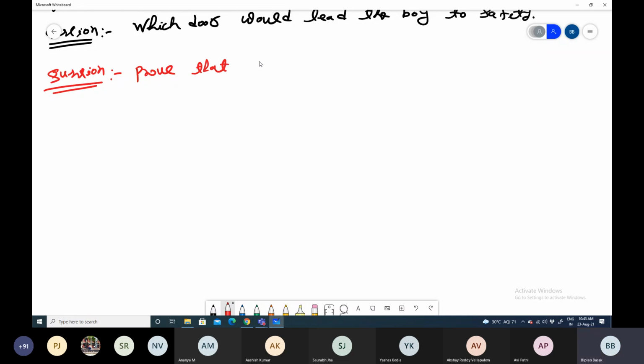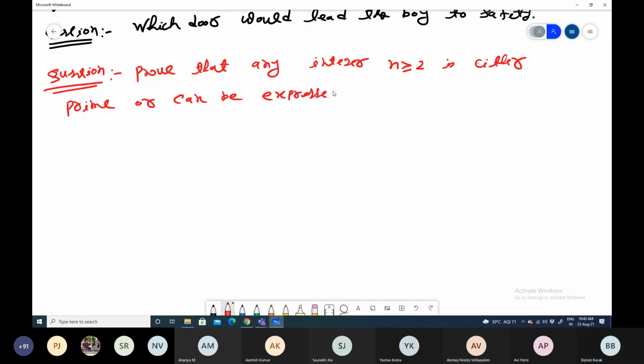Prove that any integer n bigger or equal to 2 is either prime or can be expressed as a product of primes.